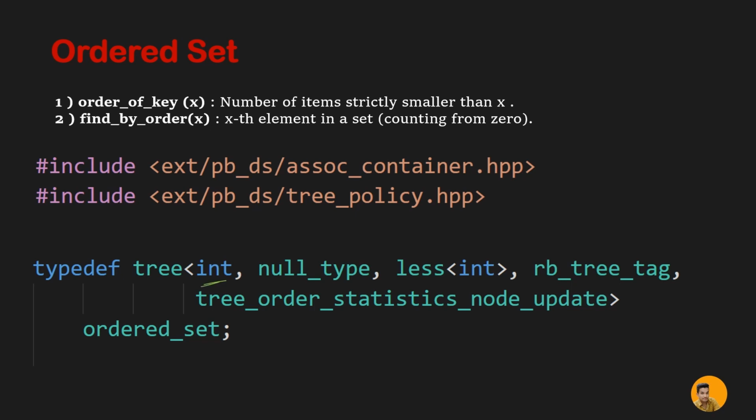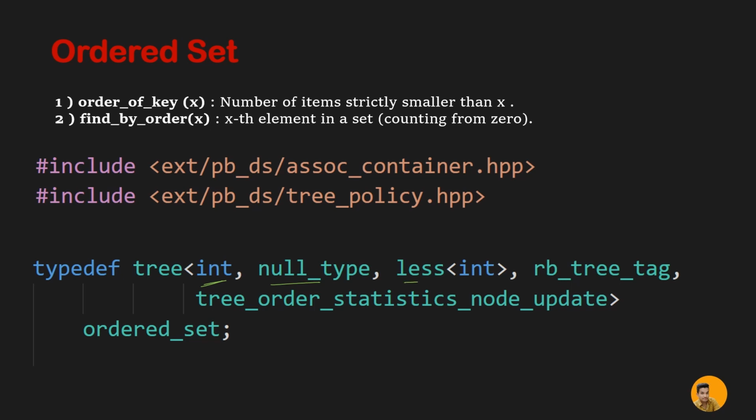Here we are using simply integer. Then this second parameter has null type, which is the mapped policy. If you are using the set, null type will go. For other policies, such as mapped policies, for using a map you will use a mapped policy. So this is just null type.